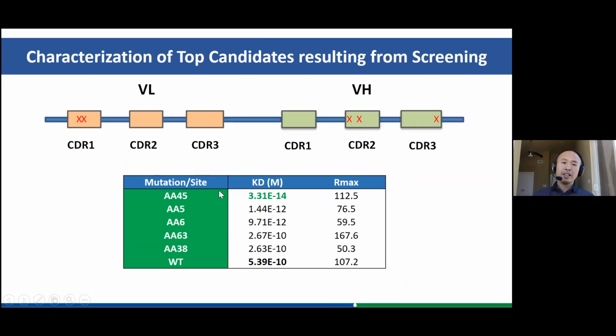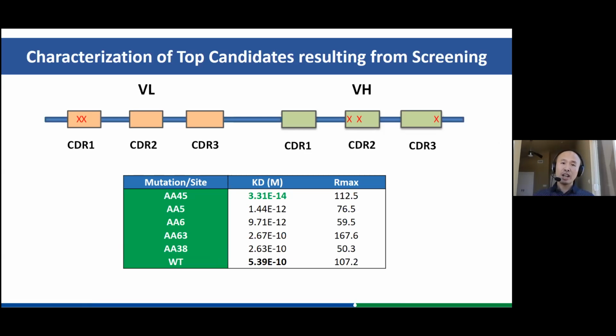So as you can see here in the table, there are 5 beneficial mutations. These are the mutant sequences with improved affinities, substantially higher than that of the wild type, with one particular mutant in the femtomolar range, 4 orders of magnitude higher. And as a second step, the customer wanted to explore the combinatorial effect of these beneficial mutations.